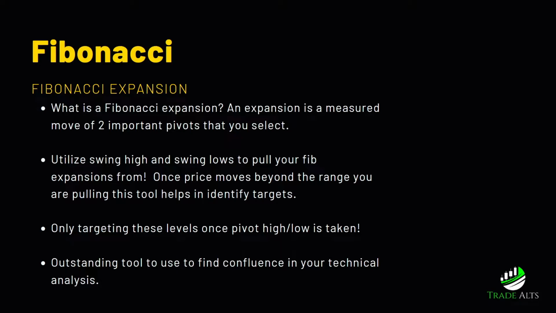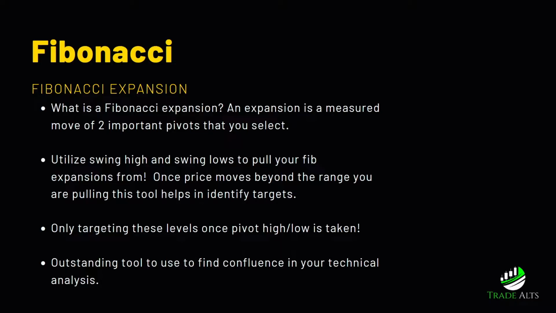Again, we're really only targeting those expansion levels. They only become relevant once the pivot high or pivot low is taken. So once that high that you were measuring gets taken out, then you can look for expansion targets to the upside.